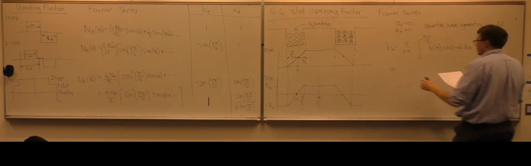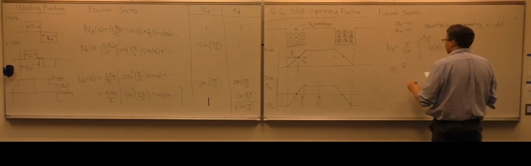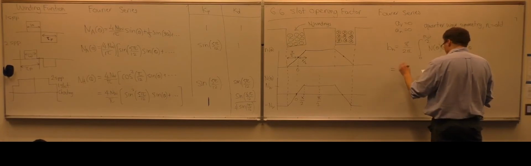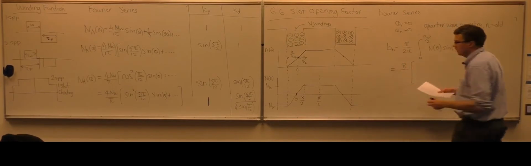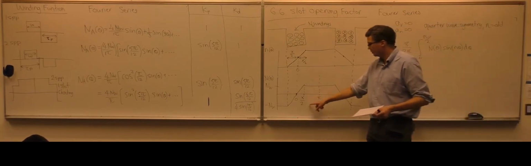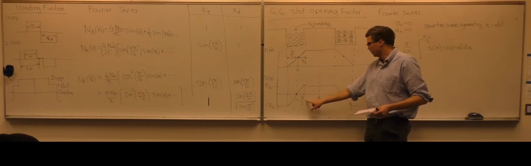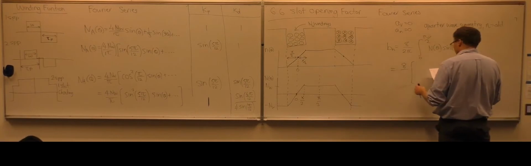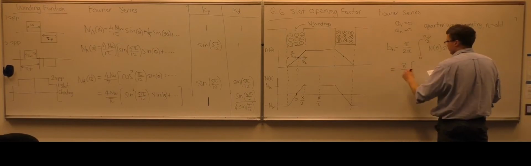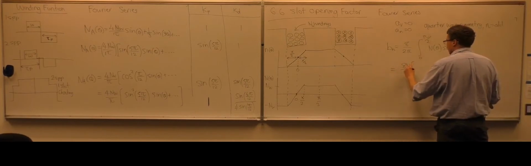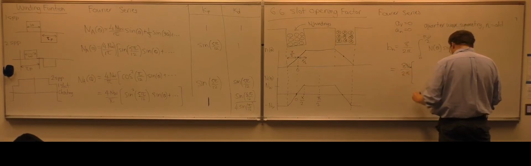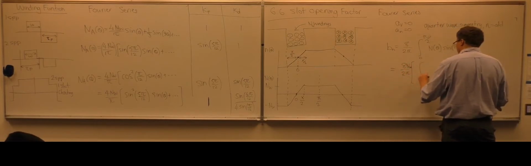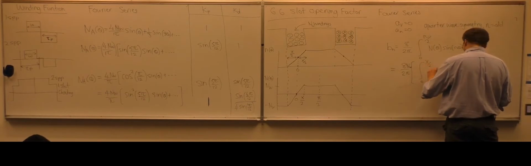Okay, so we can now separate that. So we've got two parts. We've got from 0 to x over 2, and then from x over 2 to pi over 2. So we can take out the magnitude nw, and then we're going to integrate from 0 to x over 2.